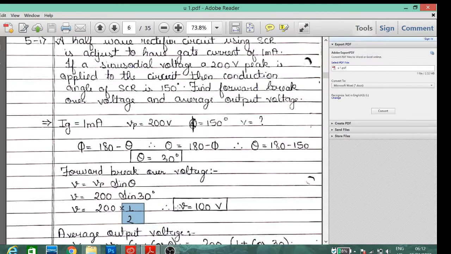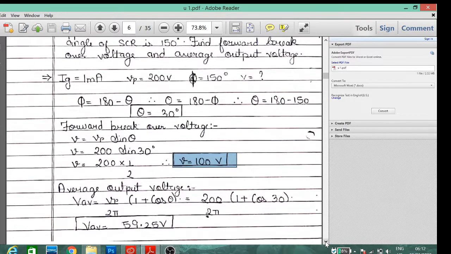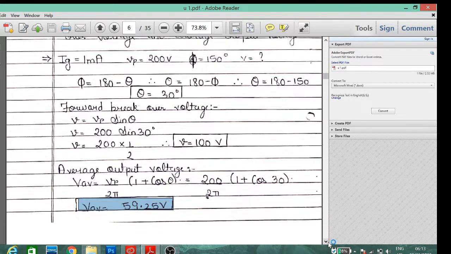So we will get V equal to 100. Now the formula for average output voltage is Vp divided by 2 pi into 1 plus cos of theta, that is, Vp is 200 divided by 2 pi into 1 plus cos of 30 degrees. We get the average voltage equal to 59.25 volts.